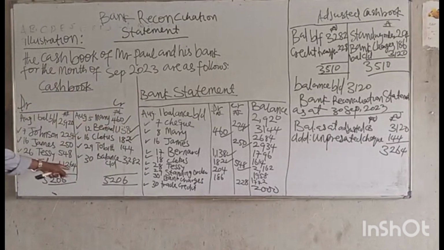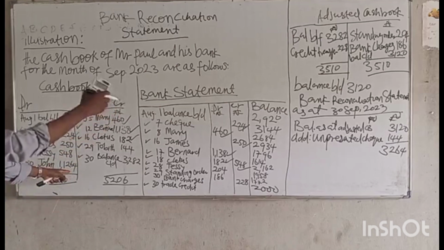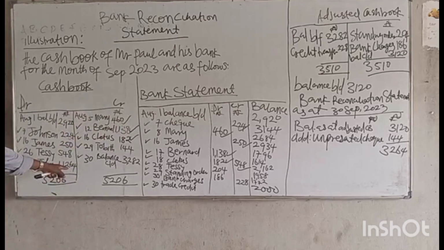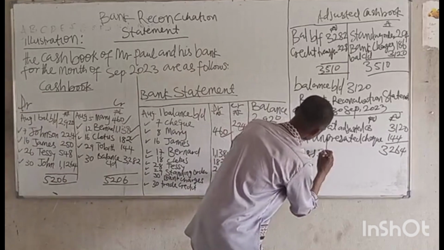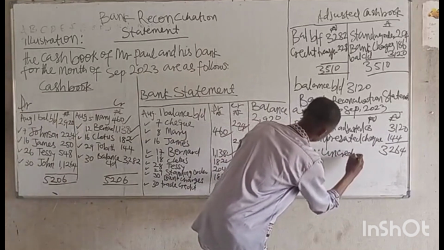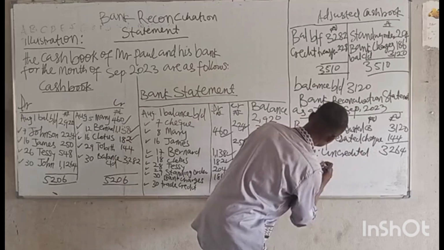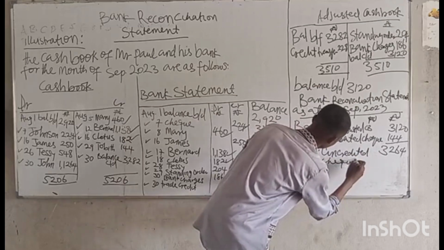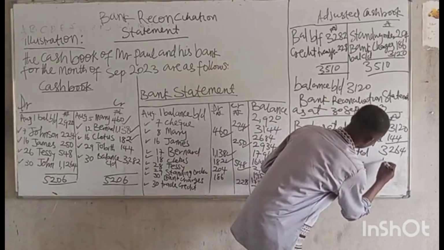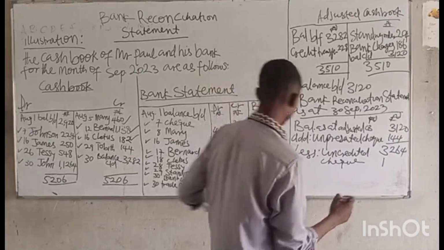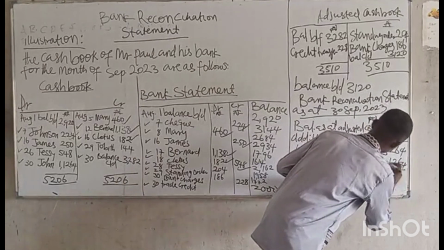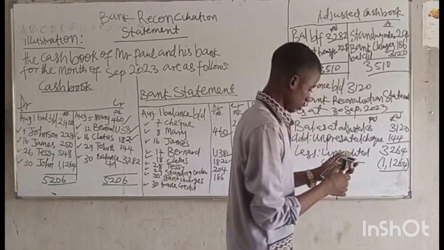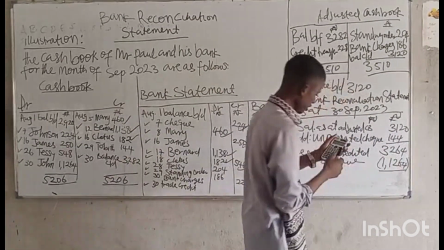And we have only one here that is still unticked after comparing the bank statement and the cash book, and the figure is 1,264. So this minus this.